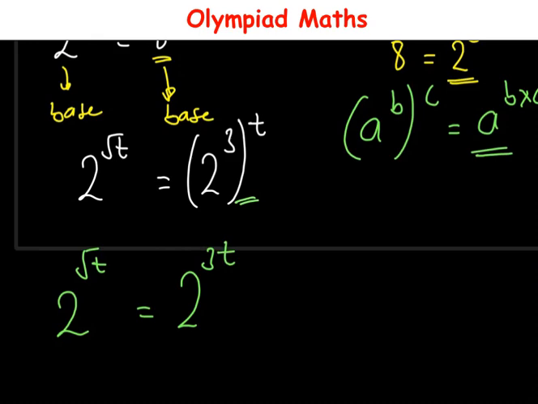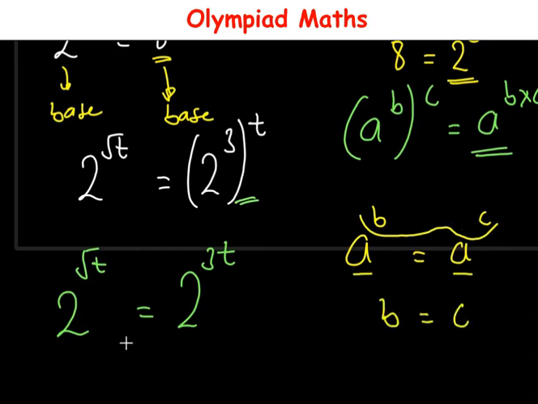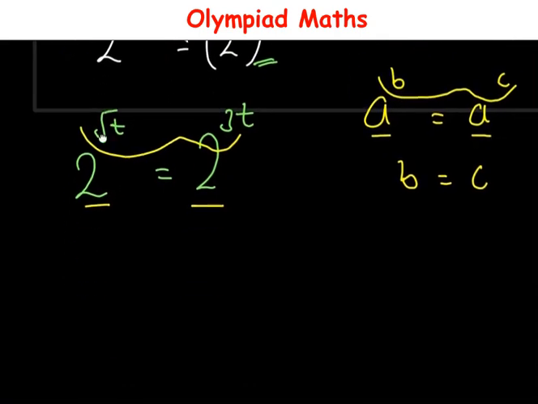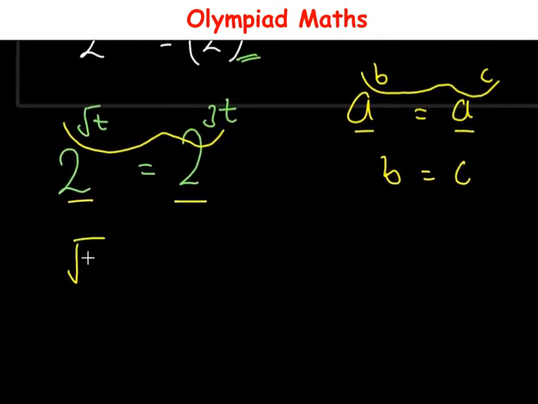Also applying the rule that if you have a raised to power b equals a raised to power c, since they have the same base, simply compare the exponents. So b is equal to c. Now looking at this, we have the same base, so simply compare the exponents. This shows that we have root t is equal to 3t.